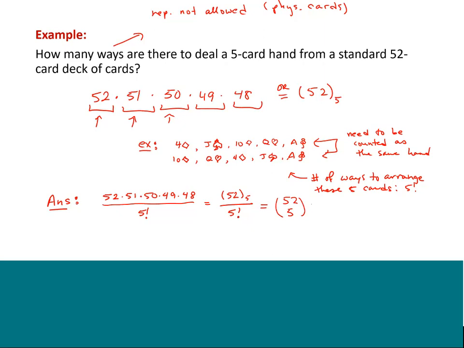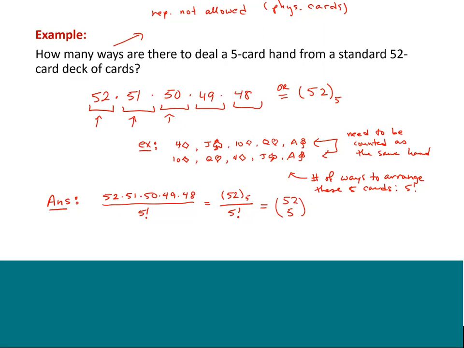Our falling factorial is also called a permutation. If you noticed the titles on some of the previous sections from yesterday and earlier today, you might have seen the word permutation, which we didn't talk about too much, but that's what the falling factorial actually measures. In this situation, where the order in which the cards were dealt didn't matter, these are now called a combination.